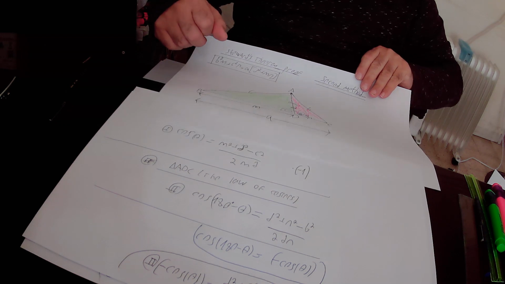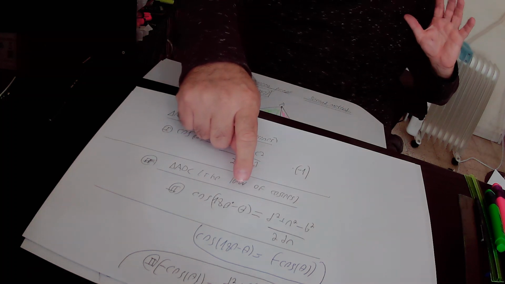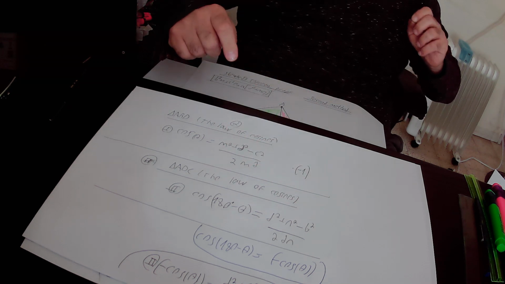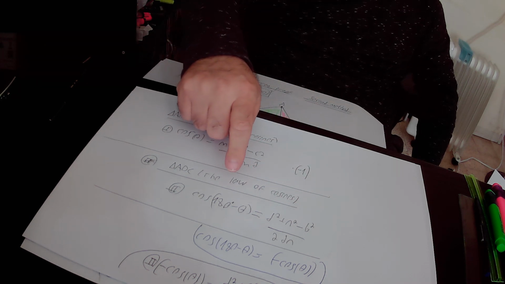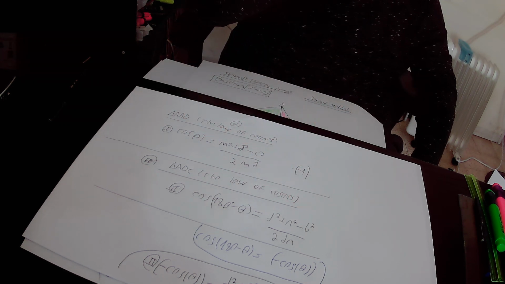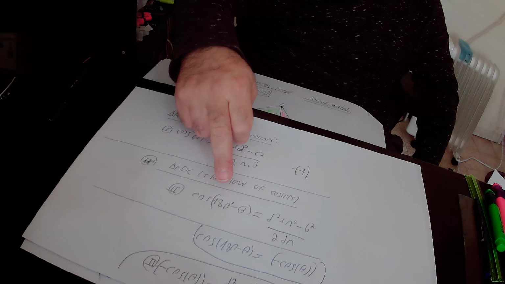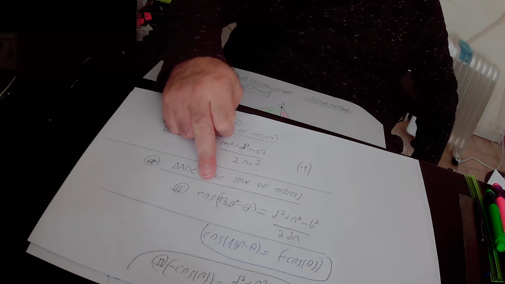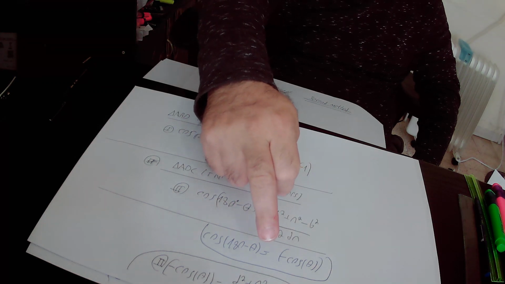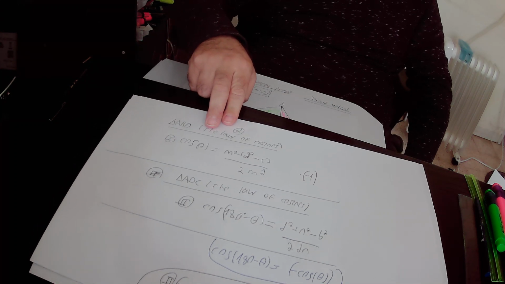According to the trigonometric identity that cosine of 180 degrees minus theta equals minus cosine theta, we can substitute cosine of 180 degrees minus theta by minus cosine theta. We did it, and we got equation number 2: minus cosine theta equals d squared plus n squared minus b squared over 2 times dn. Then, in the next step, we multiplied equation number 1 by minus 1.